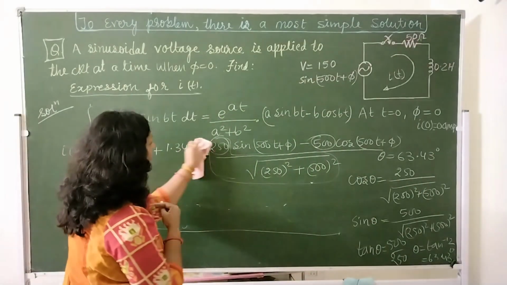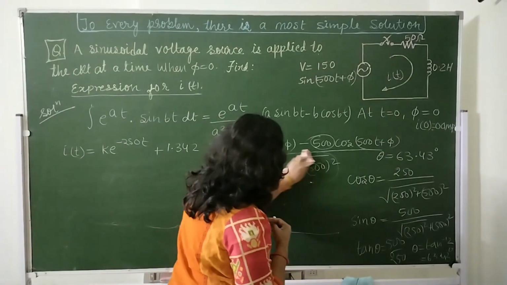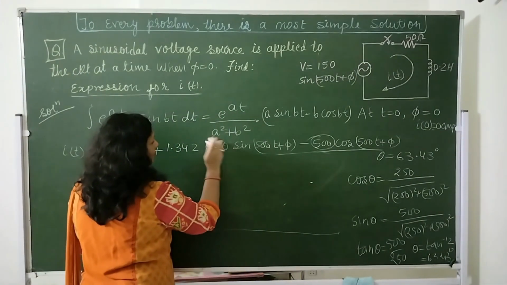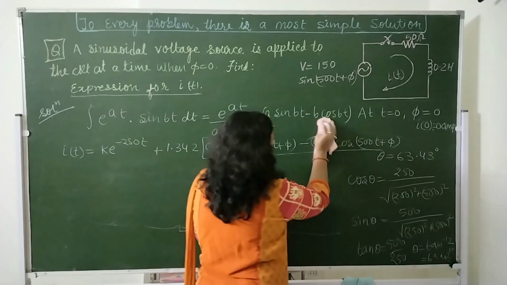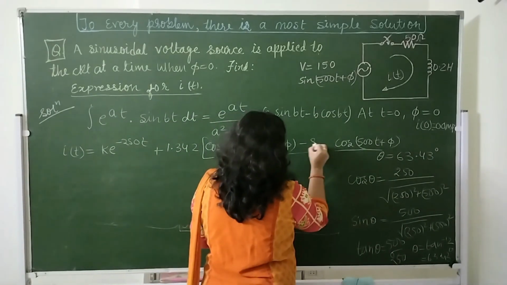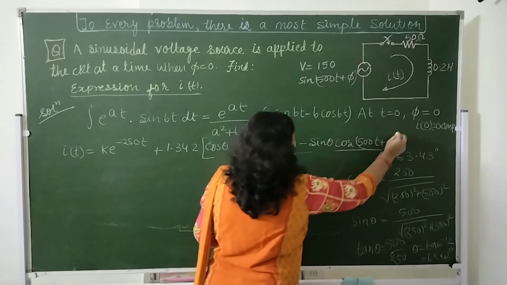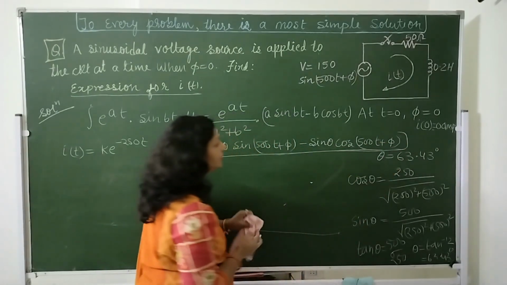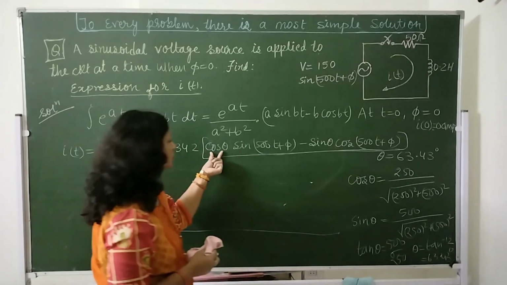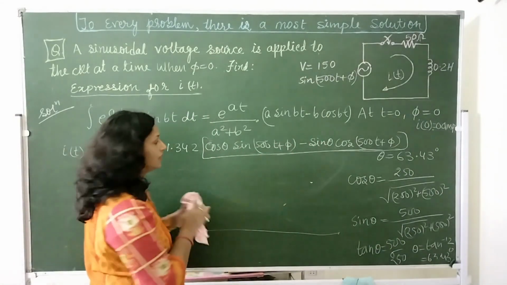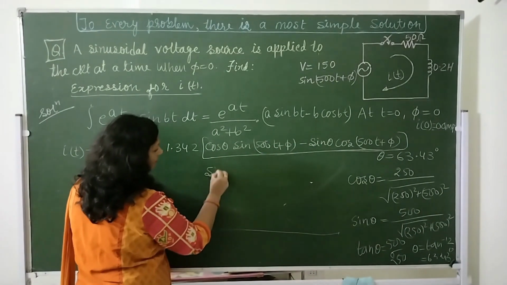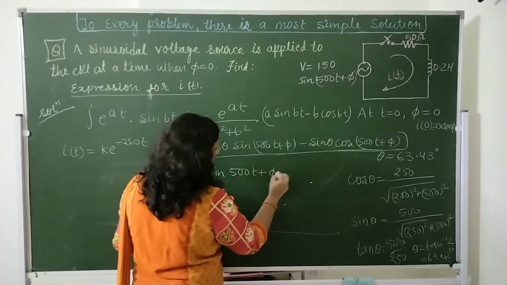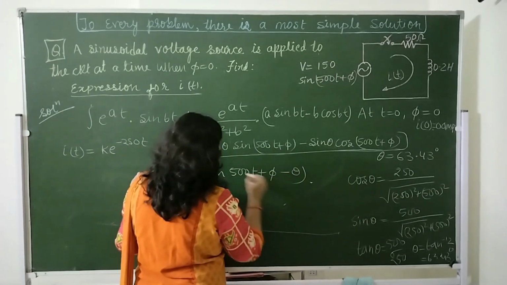Now replace this with cos theta and this is sin theta. Now I apply the identity, sin A cos B minus cos A sin B, that is sin(500t plus phi minus theta).